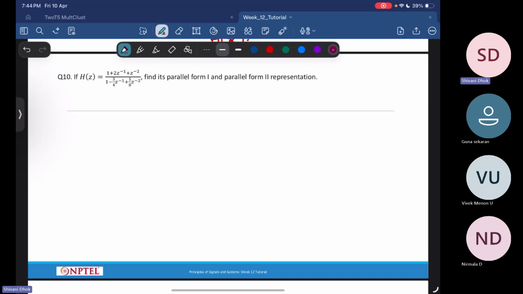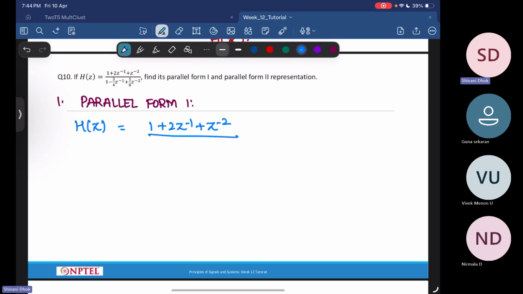Let's start with parallel form 1. For parallel form 1, you get partial fraction representation in terms of z inverse. So you have H of z, which is (1 plus 2z inverse plus z to the power minus 2) divided by (1 minus 3 by 4 z inverse plus 1 by 8 z to the power minus 2).